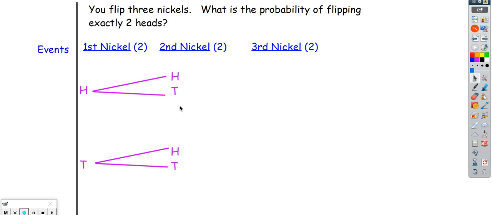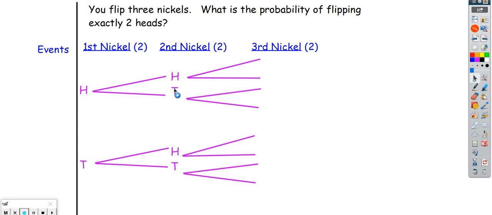Okay? Now, each one of these, we have a first flip, a second flip. Now we're going to do a third flip. So we need a branch coming out of each of these options, because if I flipped a heads on the first flip, a heads on the second nickel flip, I could either do a heads or a tails on the third flip, right?